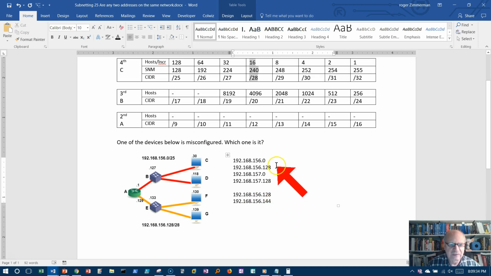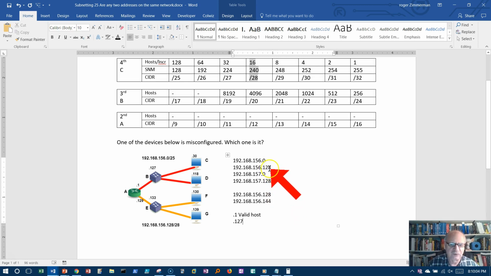All right, now let's start looking at these and see if we can figure out what's going on. Well, .1 is certainly a valid address because if this is the network address, .1 would be the host address. So this one is a host address. Let's say .1 is a valid host. How about .127?